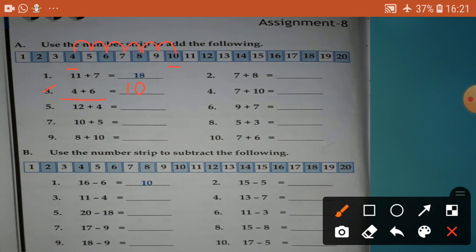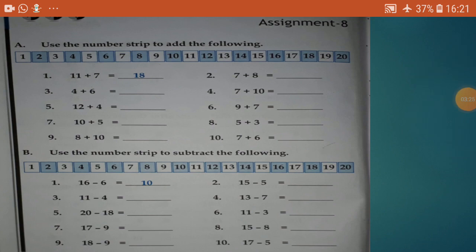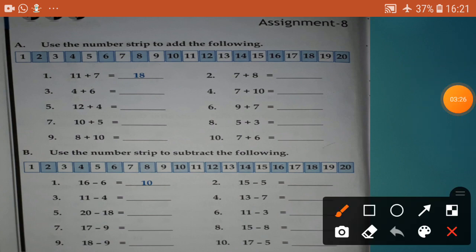Okay, now children, next: 7 plus 10. Follow me. 7 plus 10 means you go 10 steps.